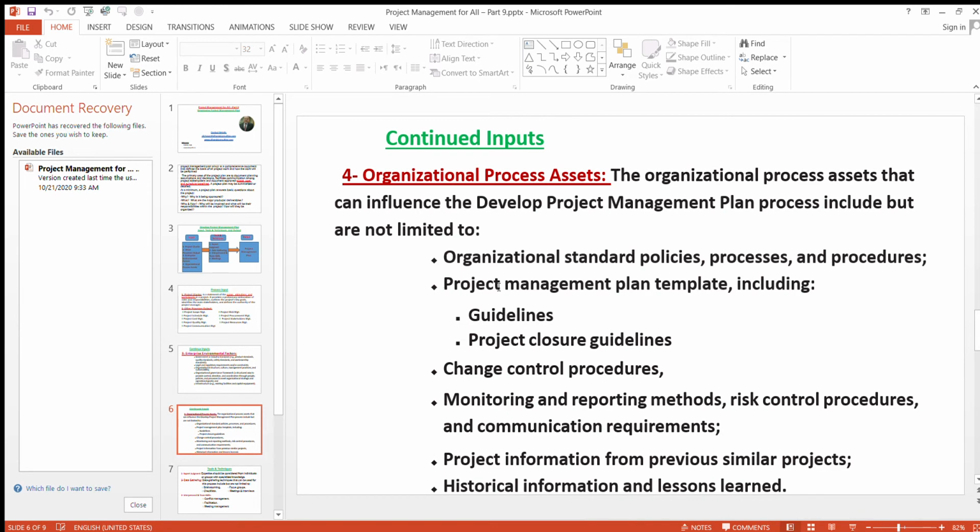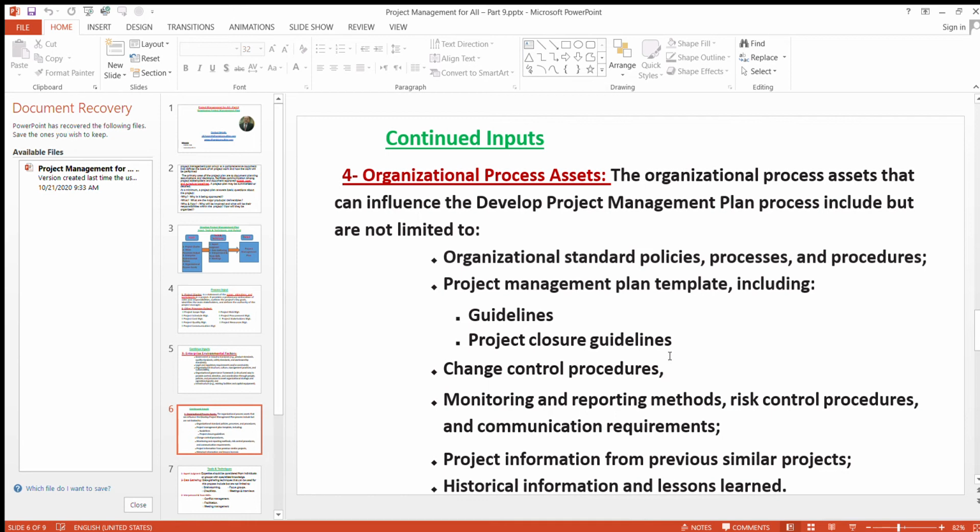The project management plan template. You know, some companies have their own templates. You have to use it, including guidelines, project closure guidelines, etc. And the change control procedures. So each company and organization has its own change control procedures.